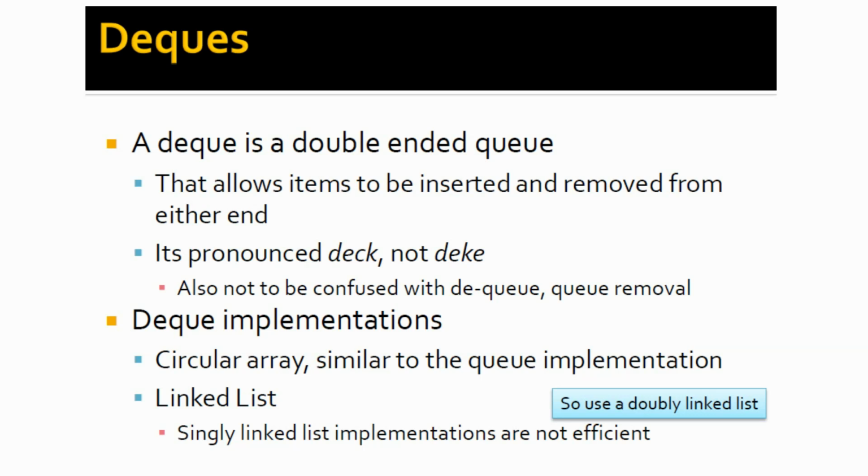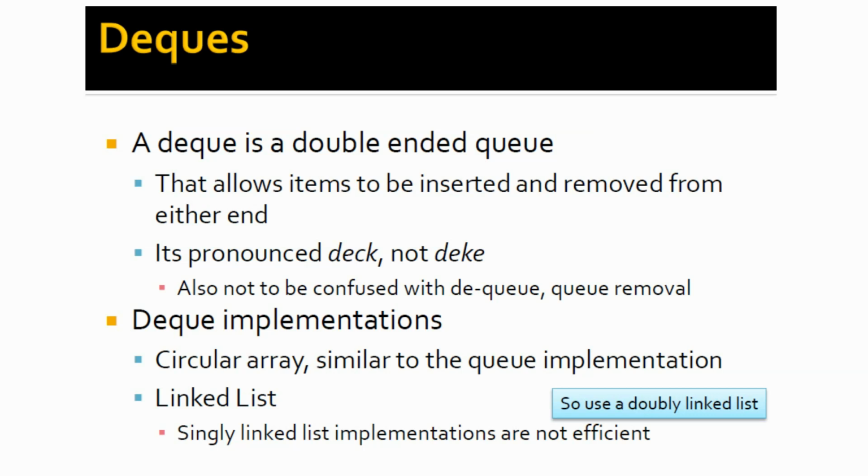But a deque is basically a generalized version of a queue where you can insert or remove from either end. It's like a deck of cards where you can remove or insert a card from either end. We can implement deques using circular arrays or using linked lists. I'm going to show you how to do that later.